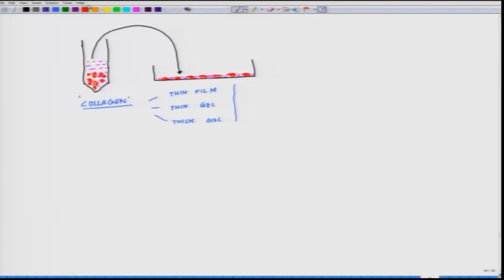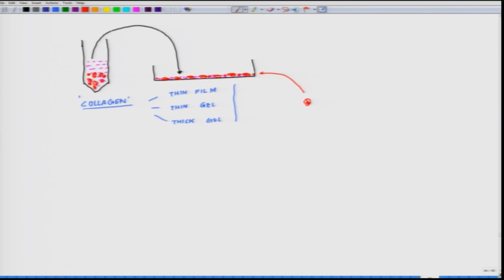So for example, you have this molecule out here. Now, if you have to play it as a thin film, then you have to have minimum number of molecule, and you should be able to spread it out all over the substrate the way you see it here. Okay?